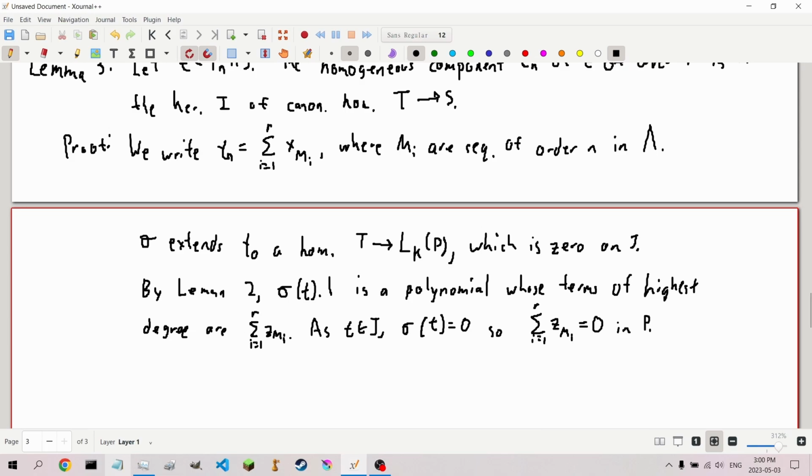Now, P is canonically identified with S since G has a basis of Rx lambda for lambda in big lambda.